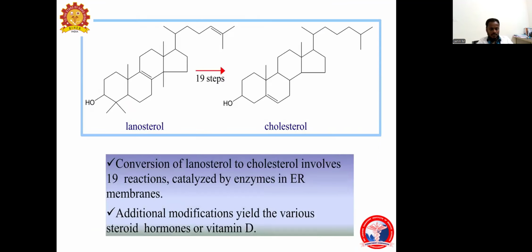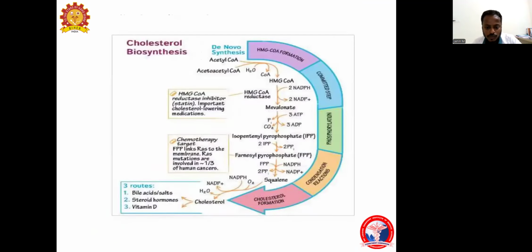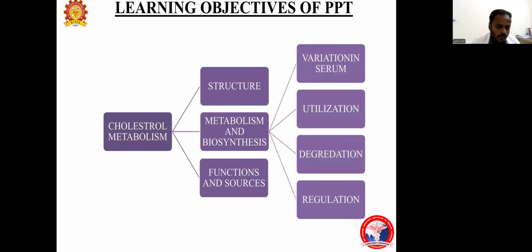So this is all, again, the summary about cholesterol biosynthesis. These are the specific learning objectives from this topic, cholesterol metabolism. First, we talked about the structure.